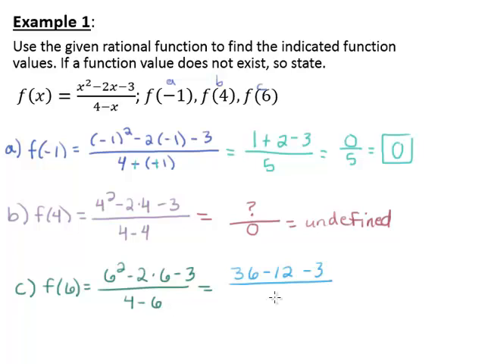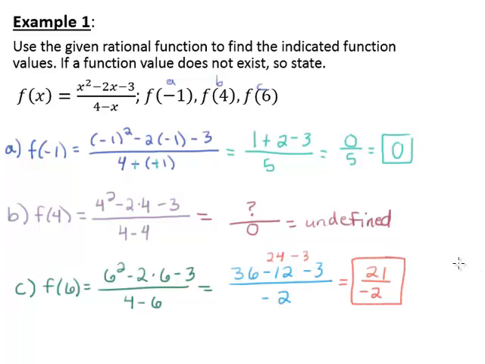On the bottom, 4 minus 6 is -2. In some ways, this is unfortunate that on this particular one we didn't end up having a 0, because that kind of made it easier to simplify, but we'll see it through anyway. 36 minus 12 is 24, and 24 minus 3 is 21, over -2, and that's a just fine answer.